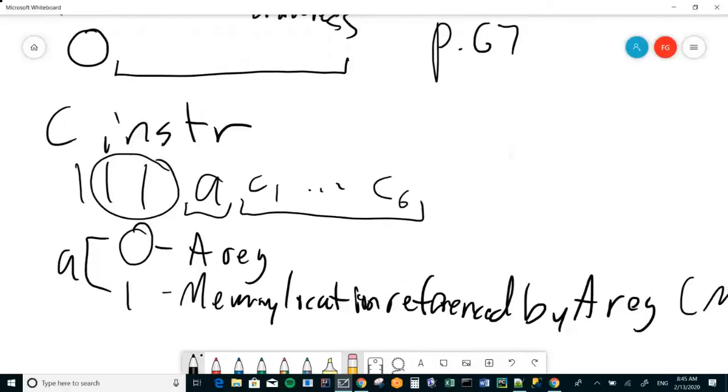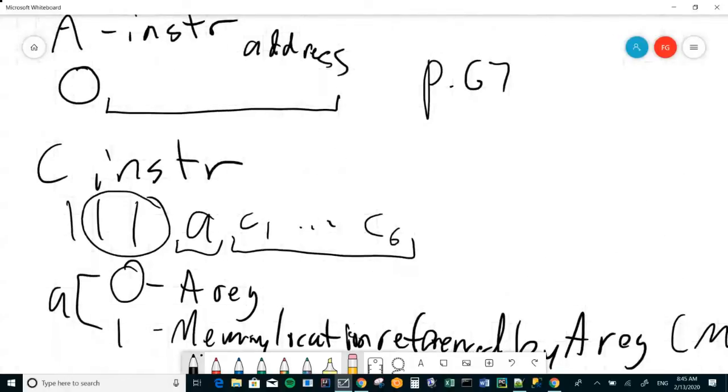I mentioned there's an extremely important chart on page 67. What I want you to do as part of this assignment is to compare this against the chart on page 37. That chart on page 37 was the specification of the various ALU calculations.